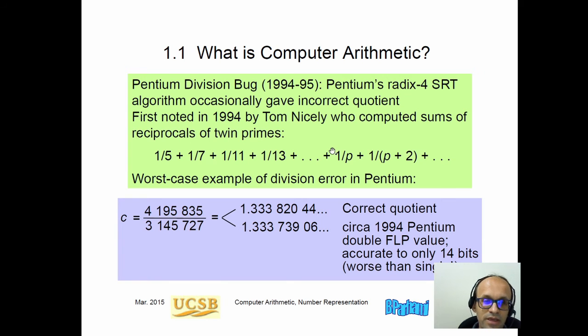When they tried to make this sort of division here, the correct quotient was the first, but what they got is the second. As you see, it's far away from the precision. It's only 14 bits. And Tom Nicely is the guy who discovered this problem. He was working on problems with twin primes.